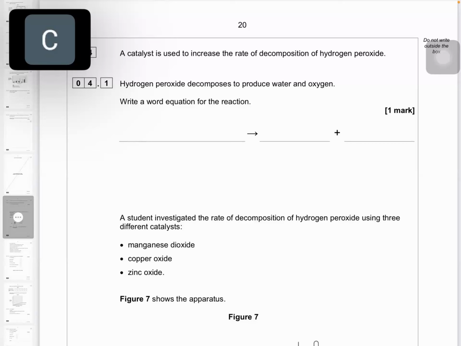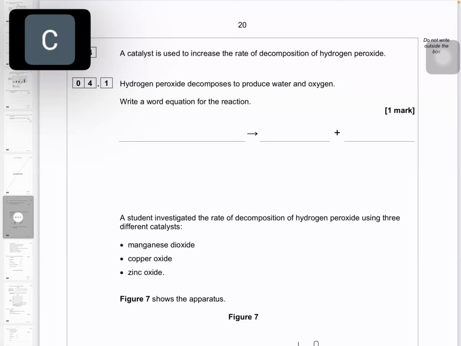Do you want to give it a shot? Can you think about what's happening here? When they tell you something decomposes, what comes to mind? Decomposition.